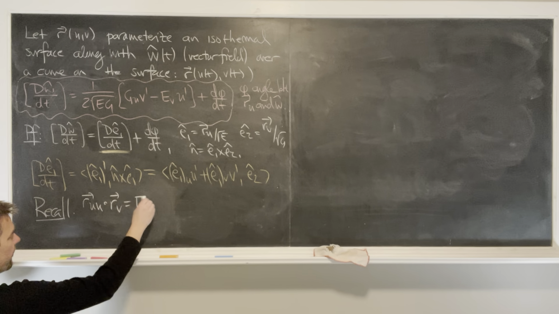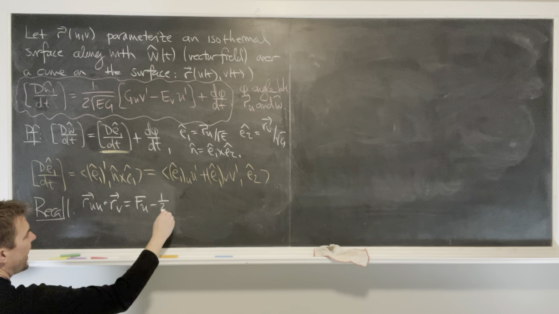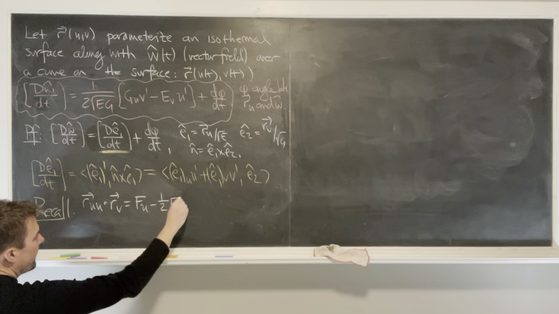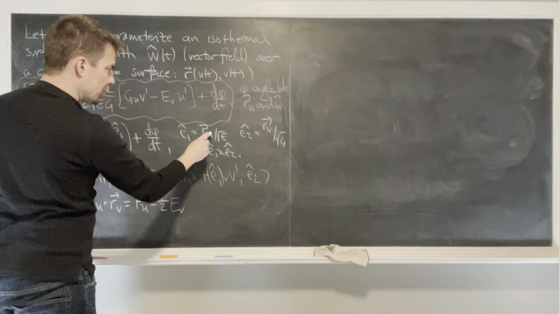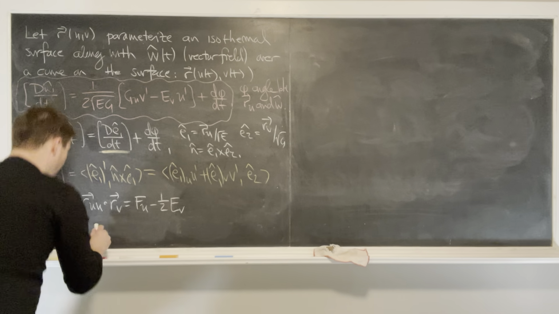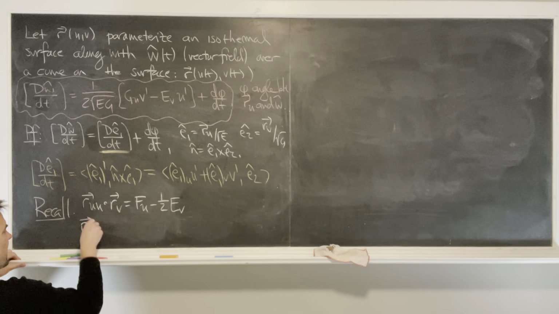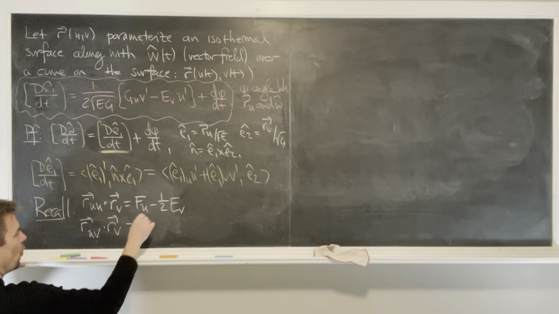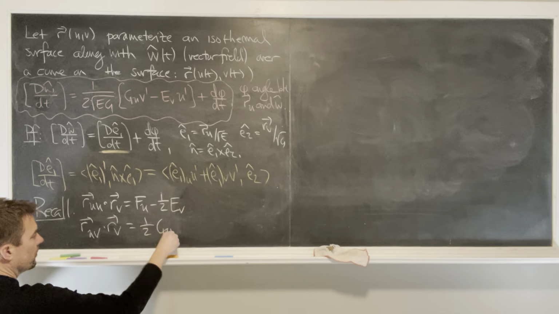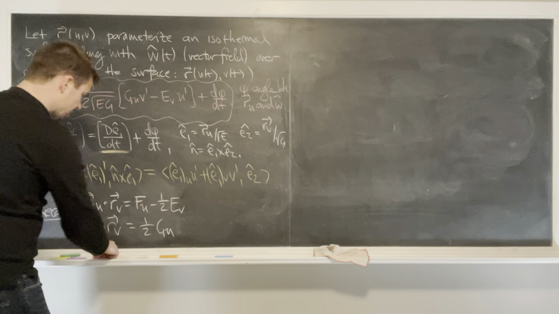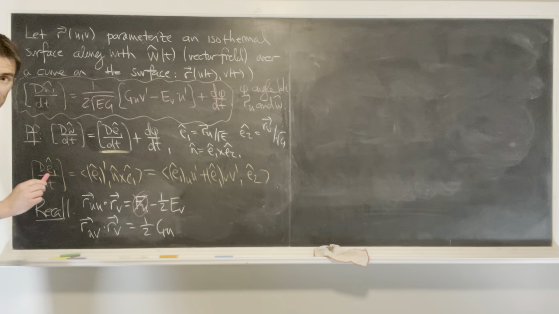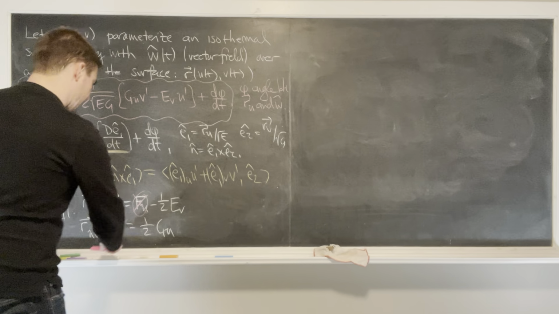Well, that would be F_u minus 1/2 E_v. And then this one will give me an R_uv with an R_v. So what's R_uv dot R_v? That's 1/2 G_u. Okay? Now, it's an isothermal surface. So what can we conclude about F_u? F_u is equal to 0 because it's an isothermal surface, right?